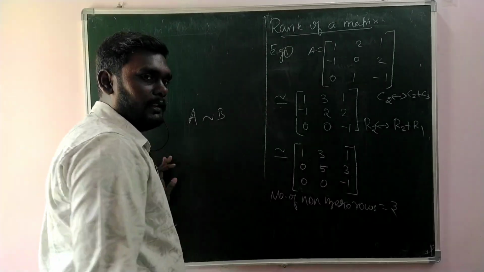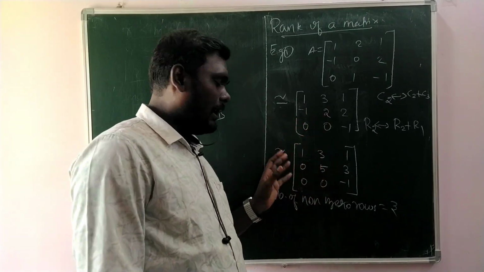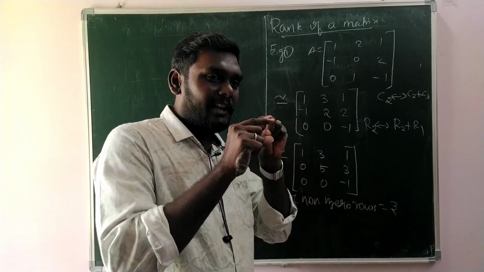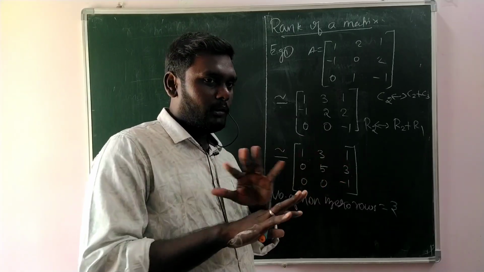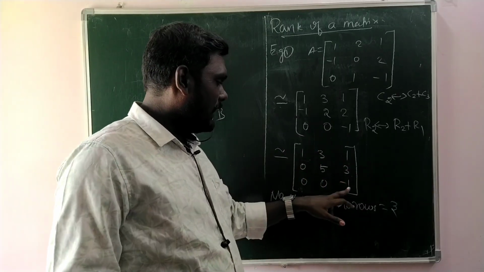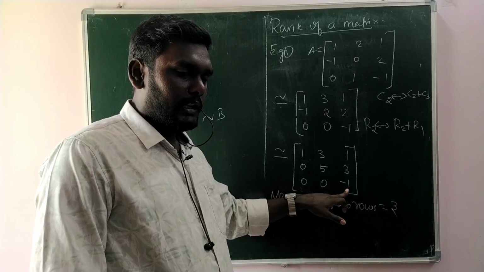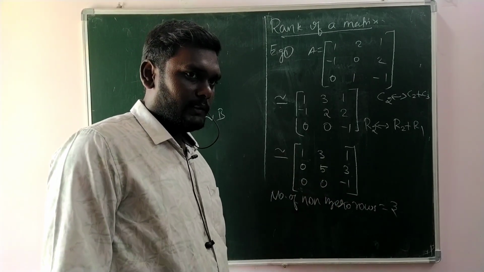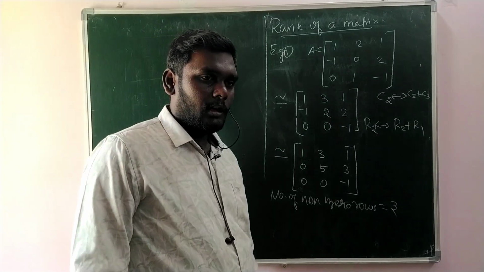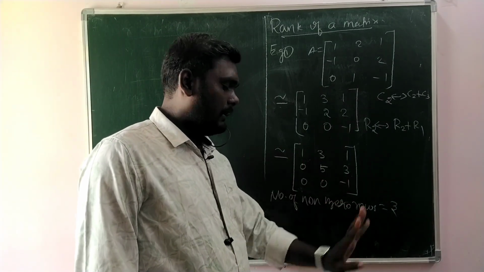Non-zero row means it is not that it has no 0; a zero row is an entire row of 0. We don't have any such row, because here at least one element is non-zero in each. So 3 rows have non-zero entries, not all 0. So here the rank is 3.